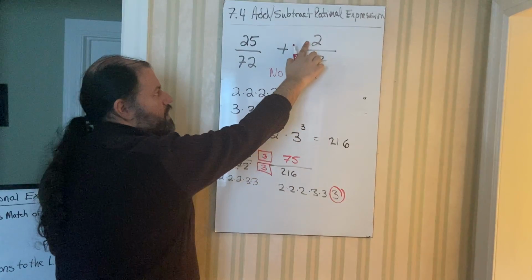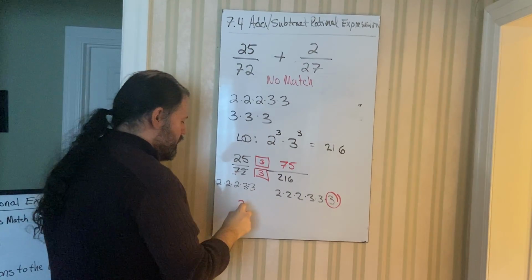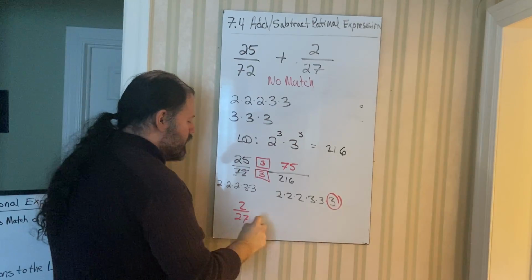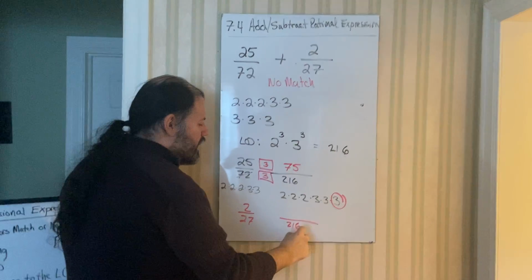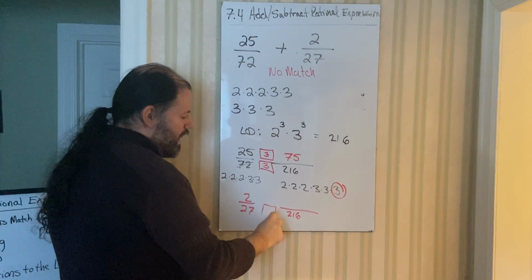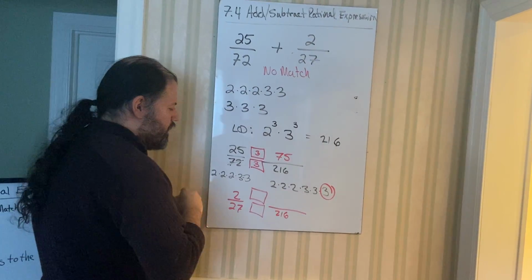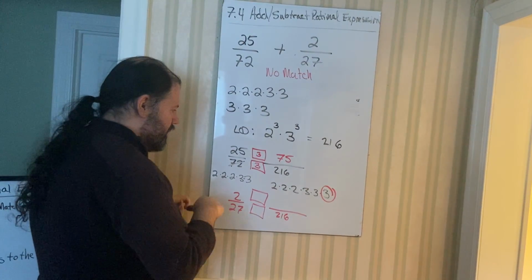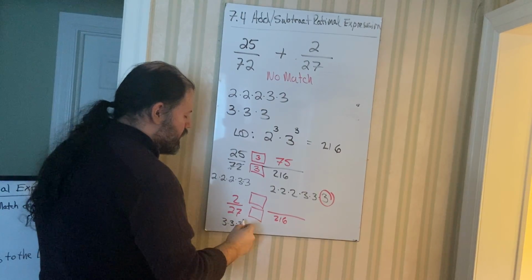We're going to do the same thing to the other one. Notice that we have 2 27ths. We need to raise that to 216. But it's hard to see what would be in the magic boxes when they're not in factored form. So that's why I always say, use the factored form. We know that 27 is 3 times 3 times 3.